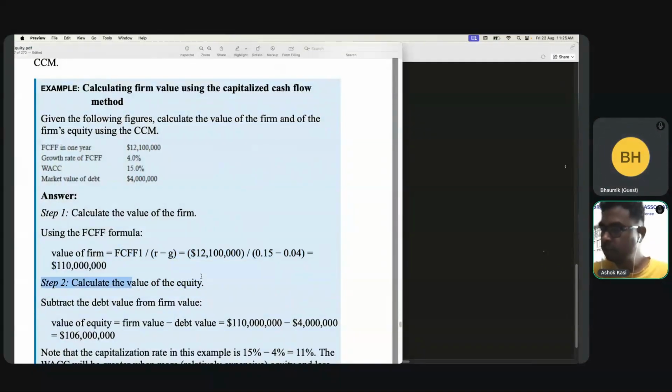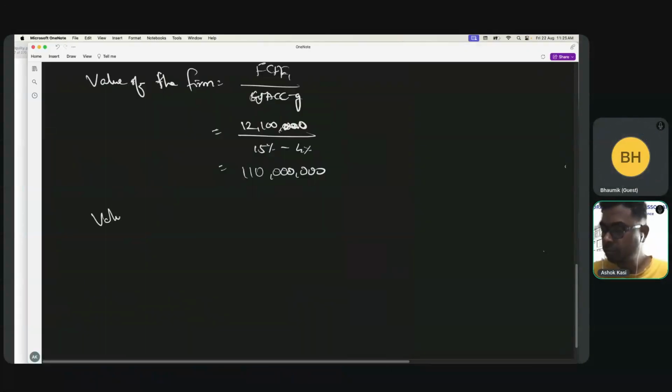The next one is value of equity. When they ask for value of equity, and the market value of debt is given, there are multiple formulas.